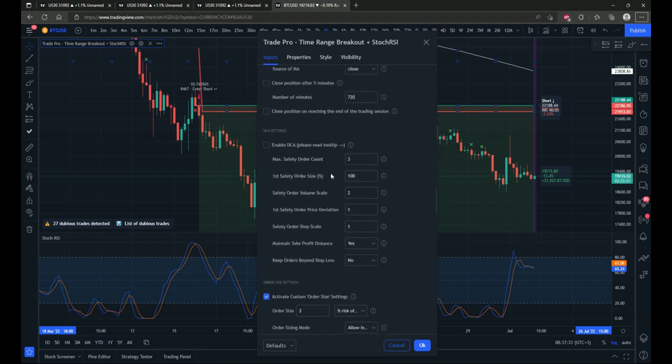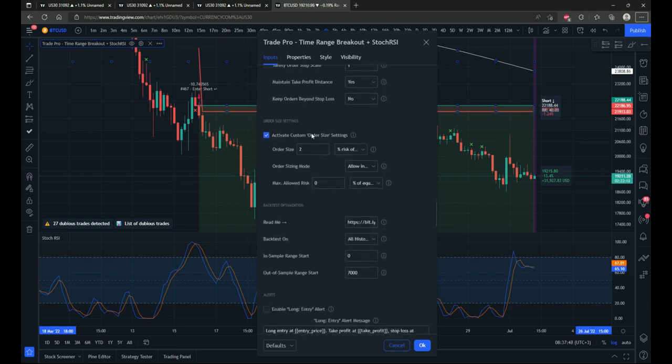So this is a whole other section on its own where you can take the entries as a 1 stage, 2 stage, multiple stage, whatever you want to set here, you can have it enter as a dollar cost averaging entry. And then the custom order size settings, this will just change how much it's risking per trade. So based on contracts, cash, percent of equity, or a percent risk of equity, fixed risk.